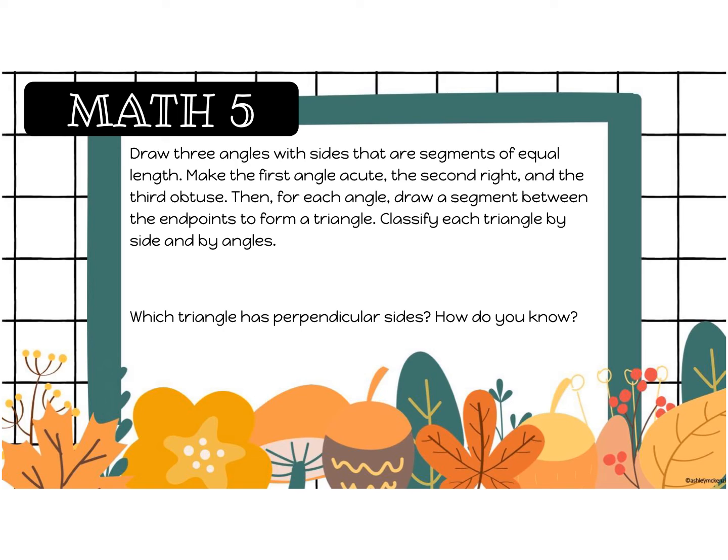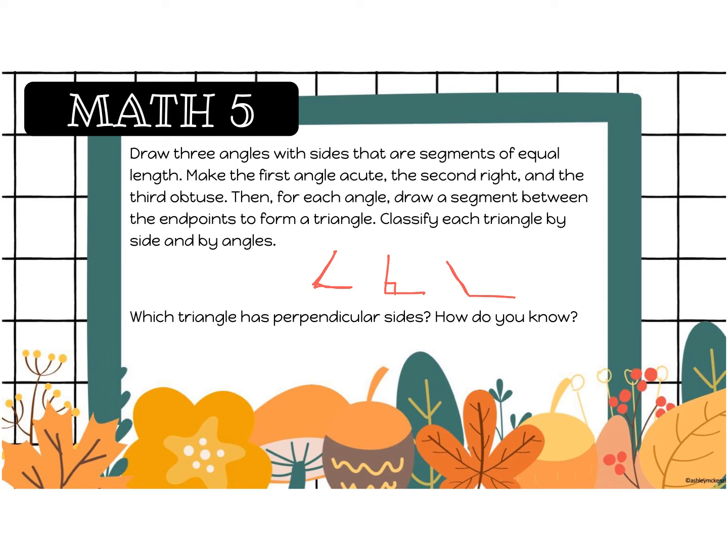Oh, hang on. It's not connecting. Let me redo this. I thought I had to connect it all. Okay, so I've got acute, and I'm doing segments, so I don't want lines at the end. I want right, and then I want obtuse. Okay, and those are about as equal as I can get my side lengths.